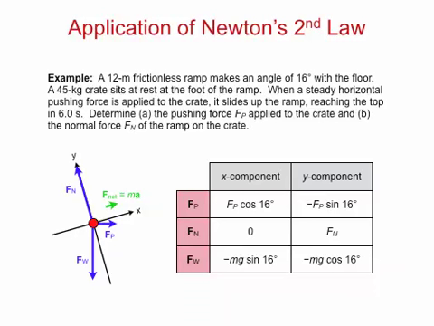So it is given by negative mg sine 16 degrees, with the minus sign indicating that this component actually points in the negative x direction. Similarly, the y component is adjacent to the 16-degree angle, and therefore is minus mg cosine 16 degrees. Again, the minus sign reflects the direction this component points.